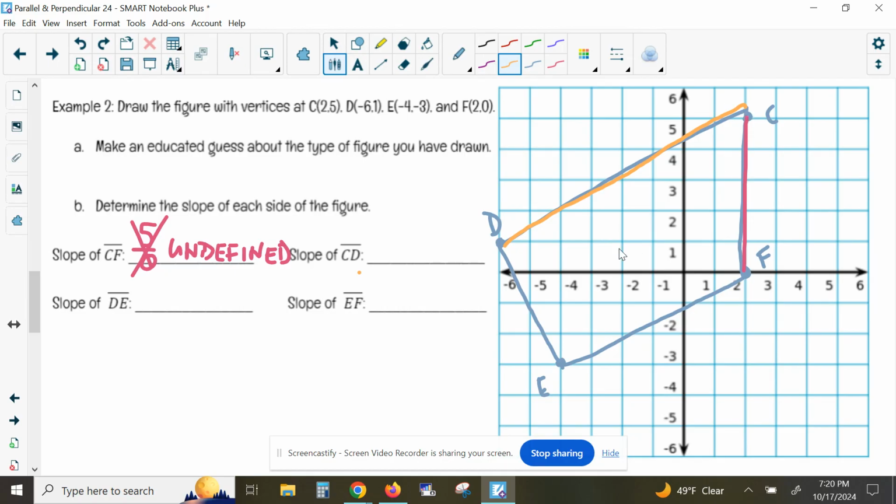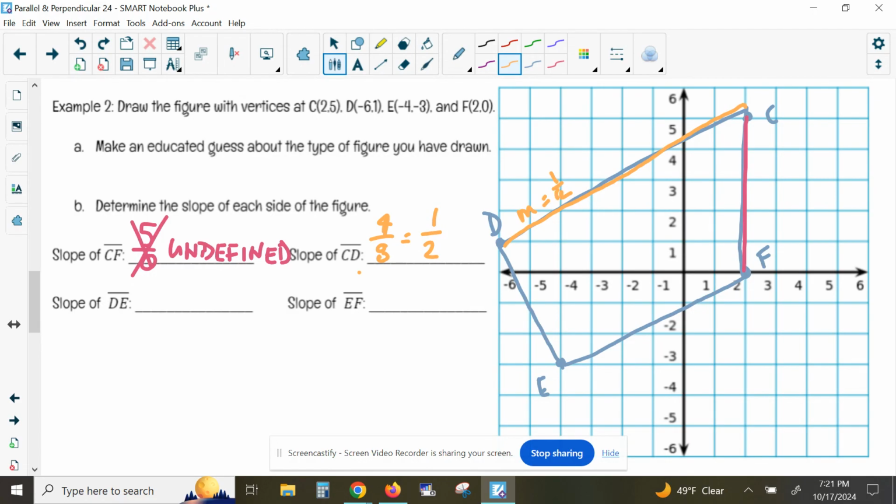And this is going uphill, so it should have a positive slope, right? So I'm going to get rise 4 and run 8. 4 over 8 simplifies to 1/2, because if you ate 4 pieces of pizza out of an 8-cut pizza, that is half a pizza, right? So I'm going to write that really small on this line: m equals 1/2.